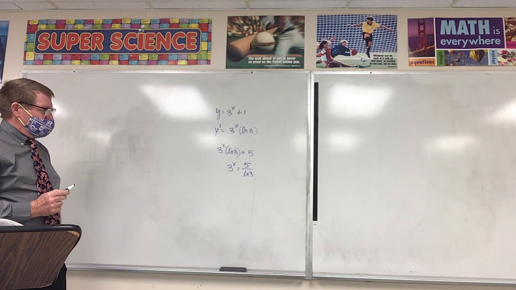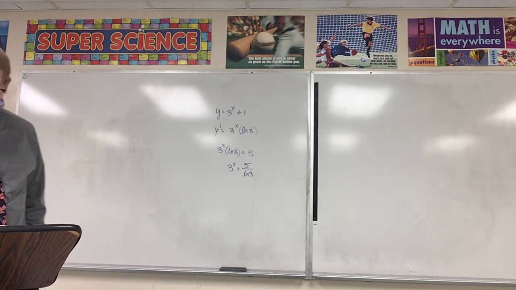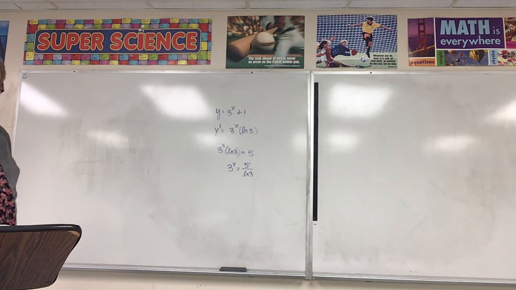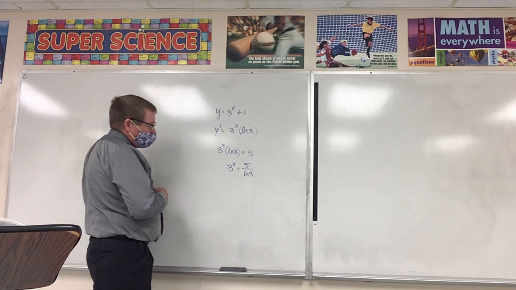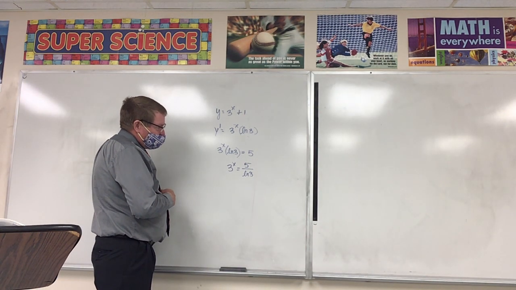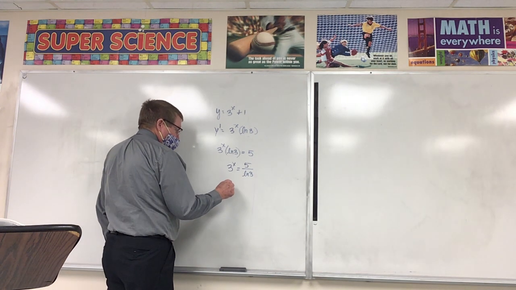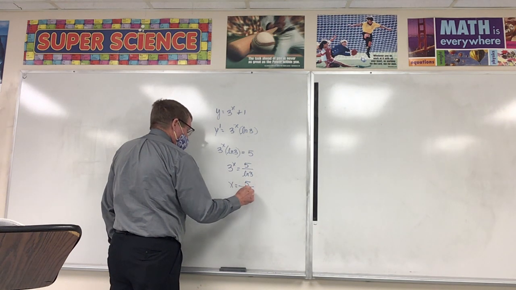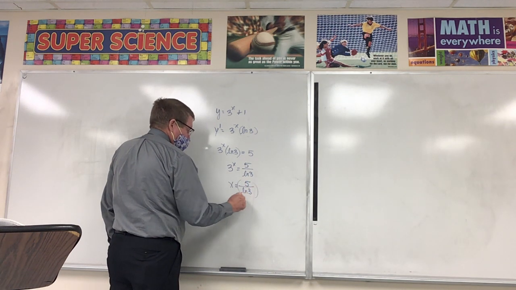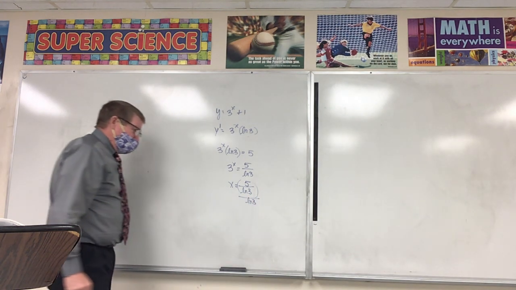Where did you get 5 from? The slope of the line. Okay, so how are we going to solve for x?